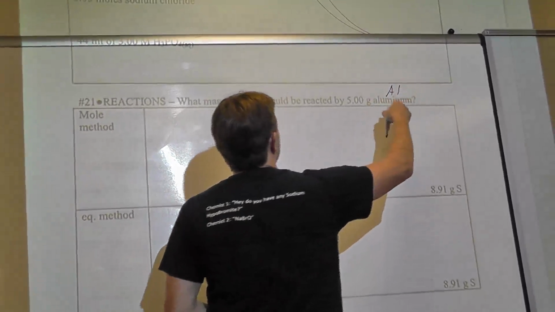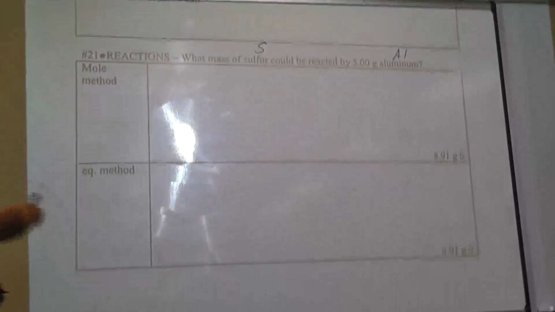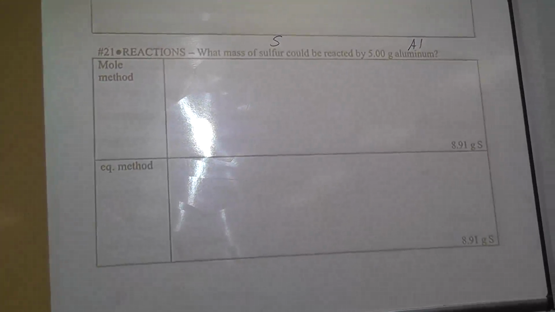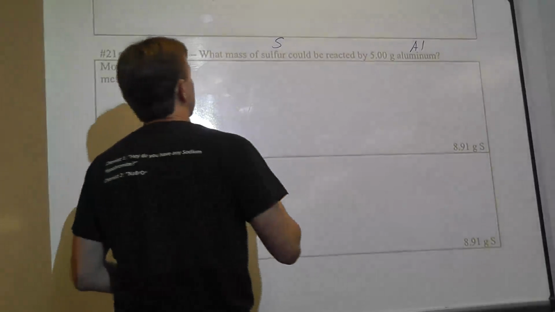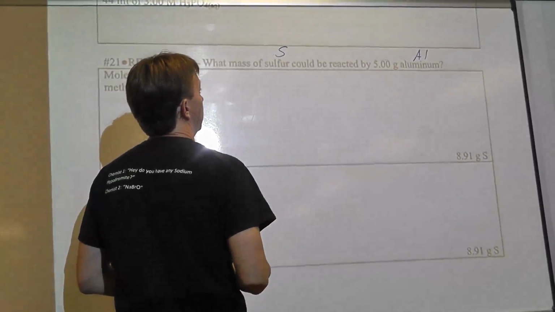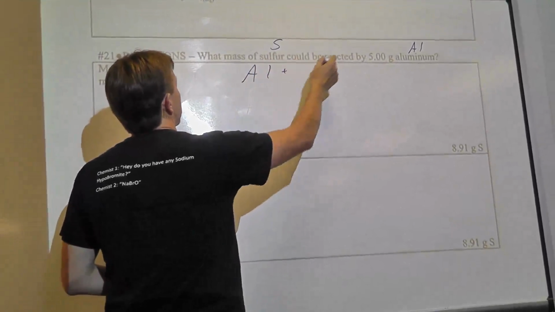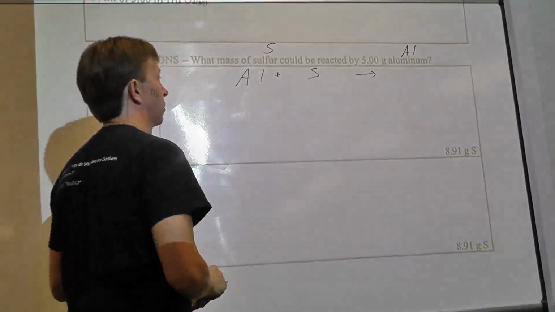Symbol for aluminum is Al, symbol for sulfur is S. You got to ask yourself if one of those is diatomic, because that makes a difference in the mole method. Is either of those diatomic? No, neither one is.